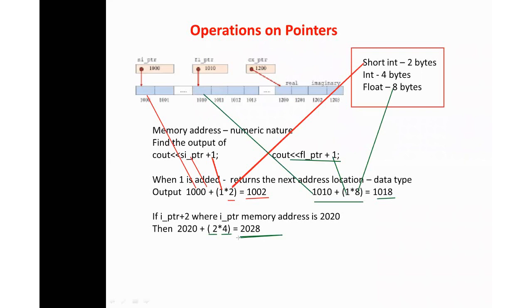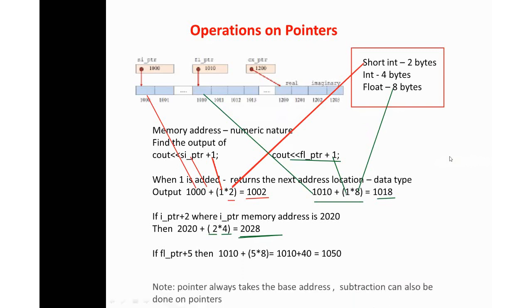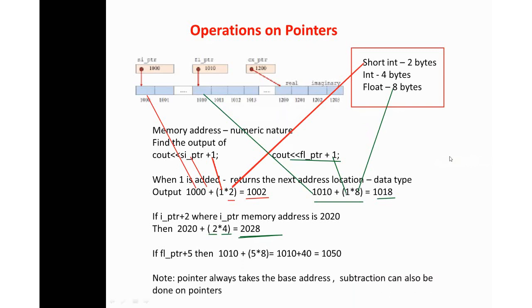So this is how we are going to calculate for addition. The same is applicable for subtraction also. Always it starts with your base address. Look into the various examples here, and finally you can conclude: pointer always takes a base address.